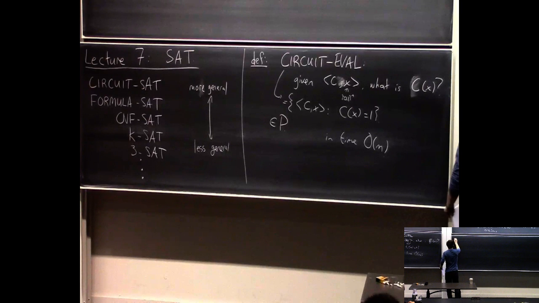Right, so circuit SAT. You're just given a circuit, and you have to find out, yes or no, is there an input x such that C of x equals 1.